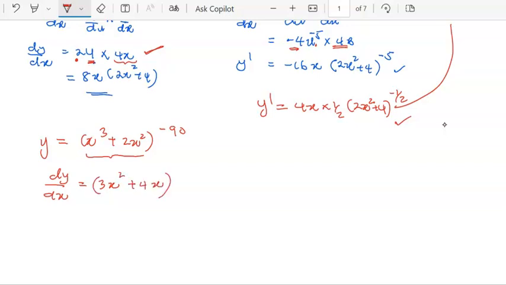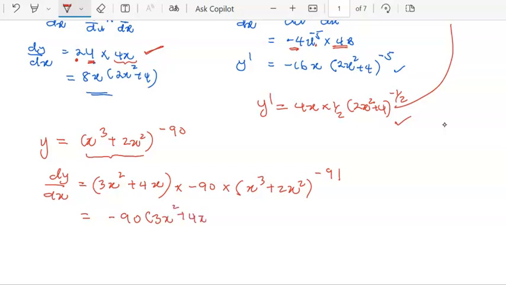All right. And then the power comes down, multiplied by negative 90. Multiplied by, this function now loses one power, because you're getting the derivative of that function, (x cubed plus 2x squared) to the power of negative 91. So here you're doing the chain rule mentally, but knowing how everything turns out is very important. That's the first step I did.